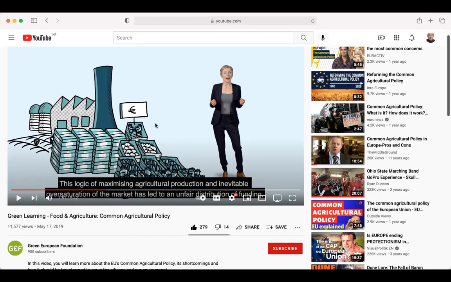And that you need a Common Agricultural Policy in order to moderate and oversee and regulate this inevitable transformation in these farming sectors, right? And this happened in Western Europe in the 20th century, but now it's going on in Eastern Europe, particularly since the fall of communism in 1989.